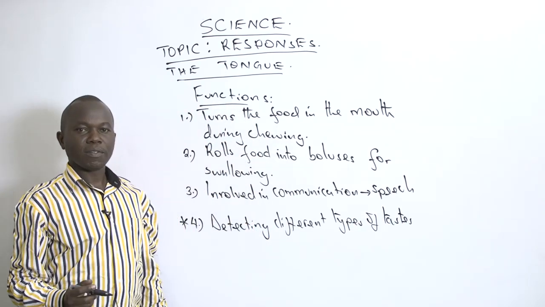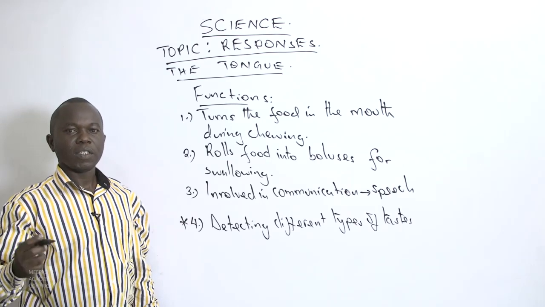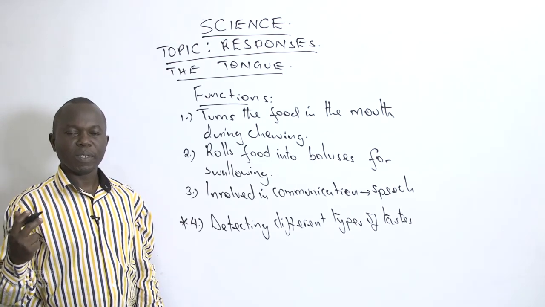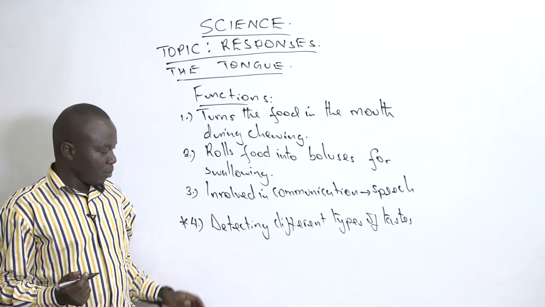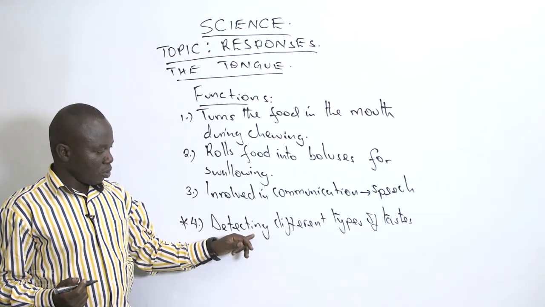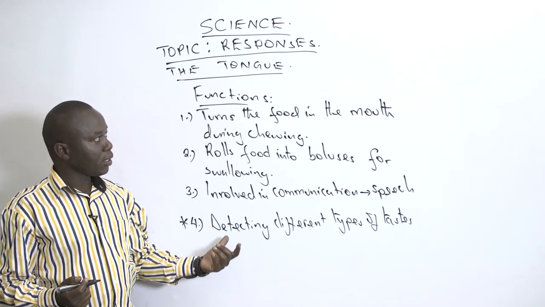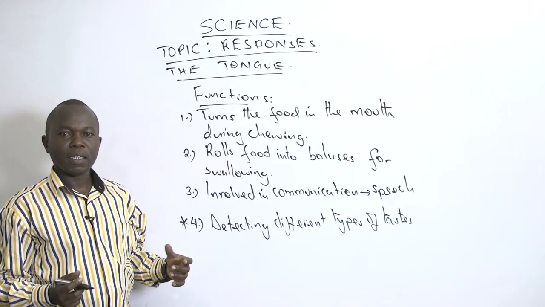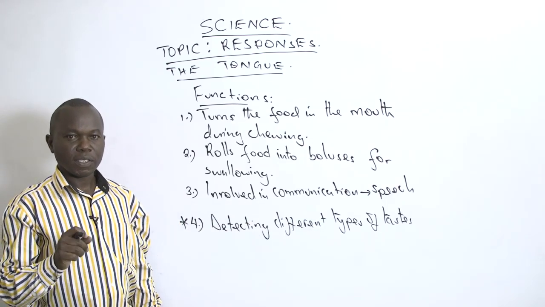So before you swallow that food, you already know if it is sweet, if it is sour, if there's too much salt, if there is less salt, because of the tongue. So in this lesson, we are going to find out how it is possible that the tongue is able to perform this activity of tasting food.